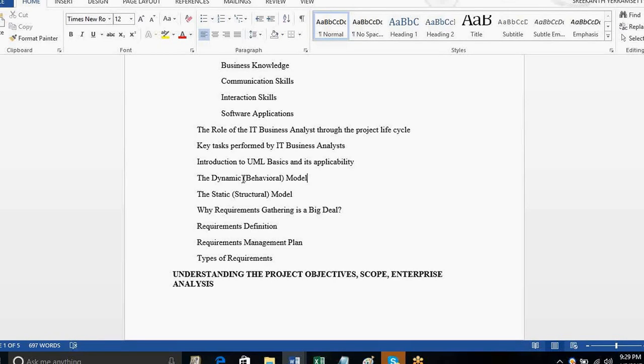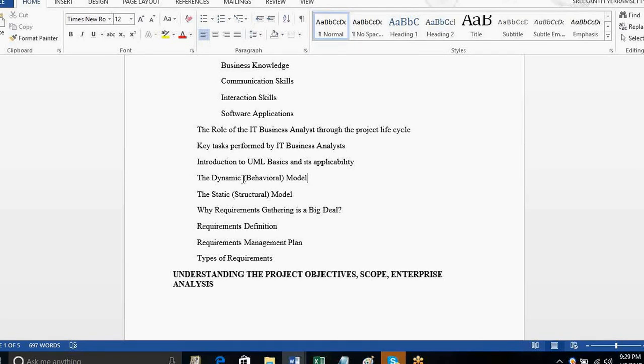Take an ATM machine, right? You have an application that runs behind it. So you're capturing more of an as-is. In other words, what is this doing behind the scenes as-is? Whereas the behavioral model is a to-be. In other words, what do you intend the system to do?